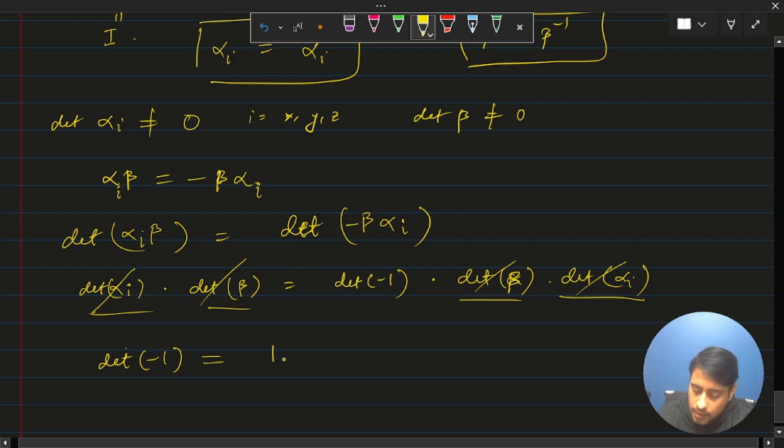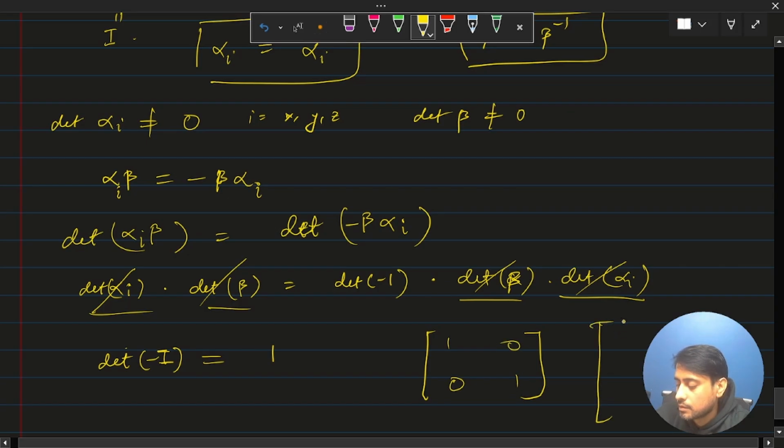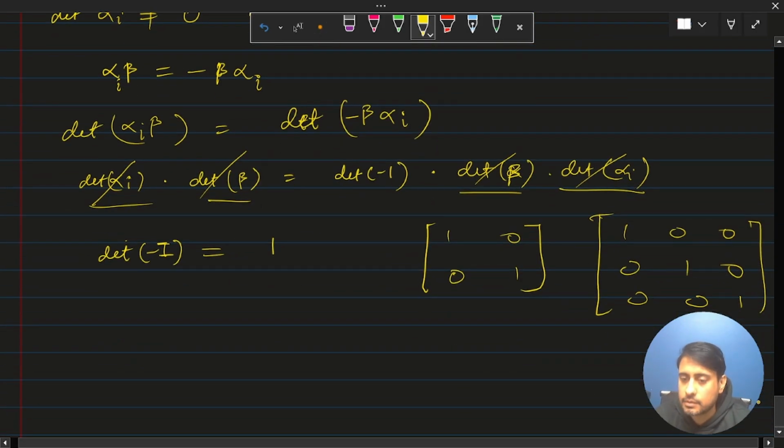So you have to imagine a unit matrix whose determinant should be 1, but that unit matrix can be 2 dimensional or 3 dimensional, or any higher dimension. So we are not sure about it. So how can we be sure?